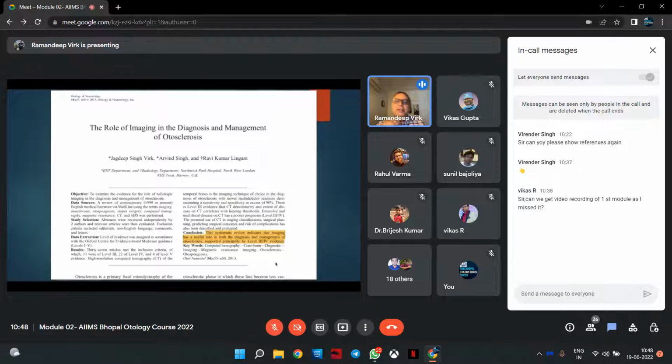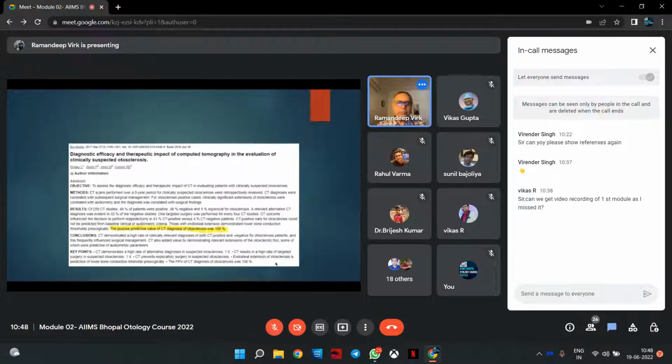This was an article published in Otology Neurotology. It was a systematic review, and the conclusion was that imaging has a useful role in both the diagnosis and management of otosclerosis. And this was another study published in the European Radiological Archives, which concluded that the positive predictive value of CT diagnosis of otosclerosis was 100%.